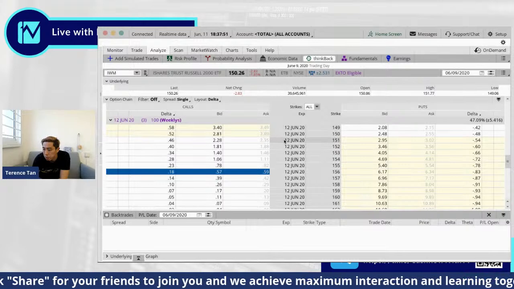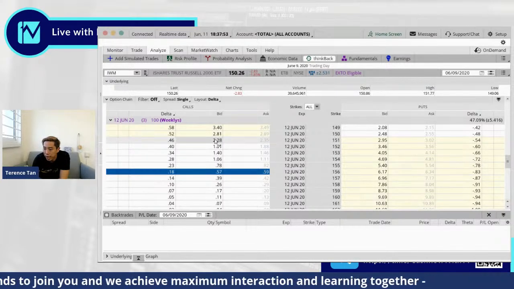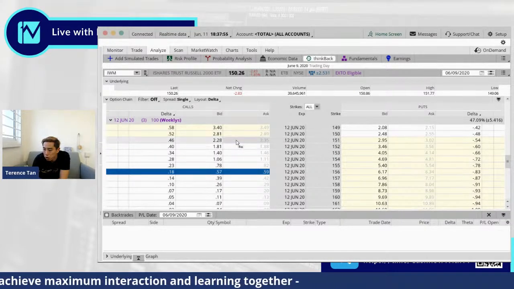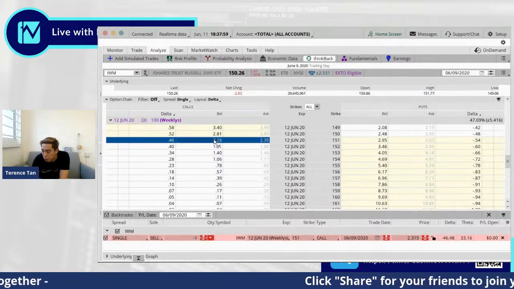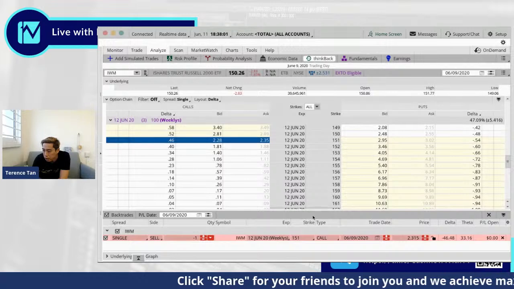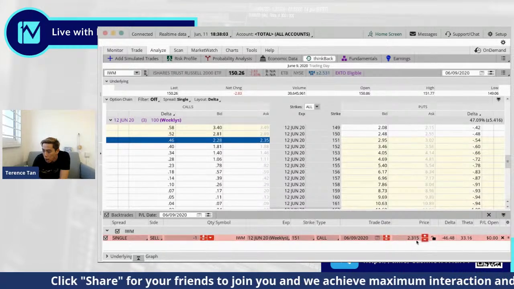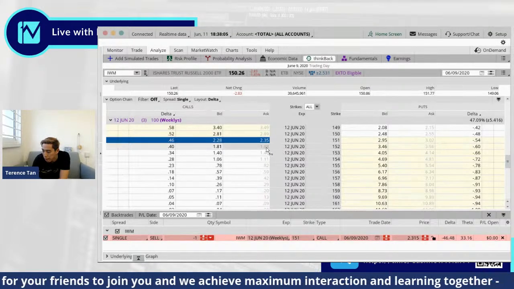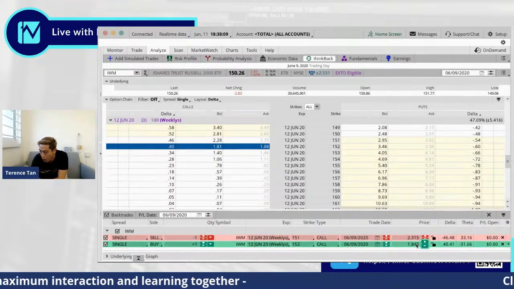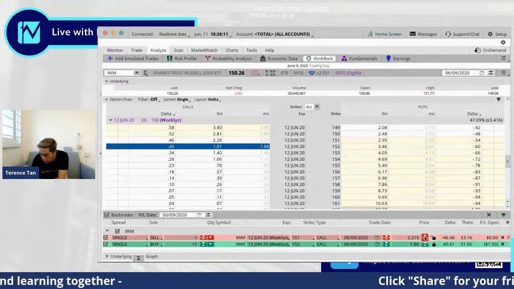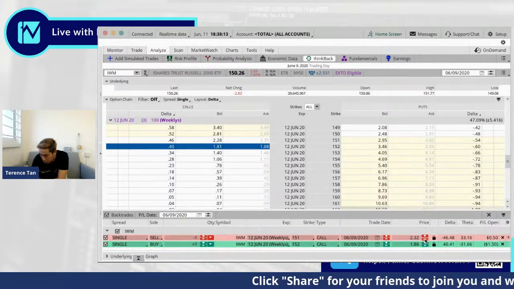If you believe it's going to go lower, you could sell the 151 call spread. The 151 call is going to bring you around 2.31, and if you turn around and buy the 152, it's going to bring you about 1.85. Let's round this off to make calculations easier.